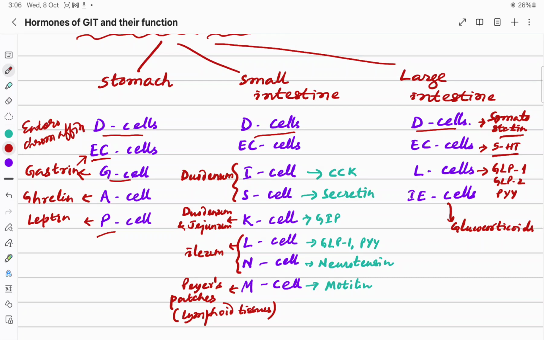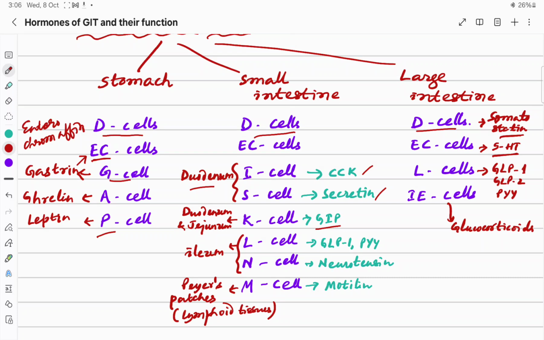Similarly, in the small intestine, in the duodenum, we have I cells and S cells. I cells secrete cholecystokinin, S cells secrete secretin. The K cells are present in the duodenum and jejunum, and K cells secrete gastric inhibitory peptide, one of the incretins.